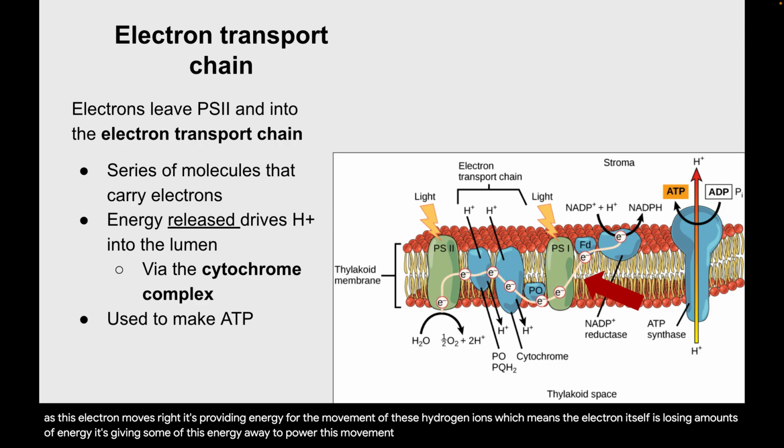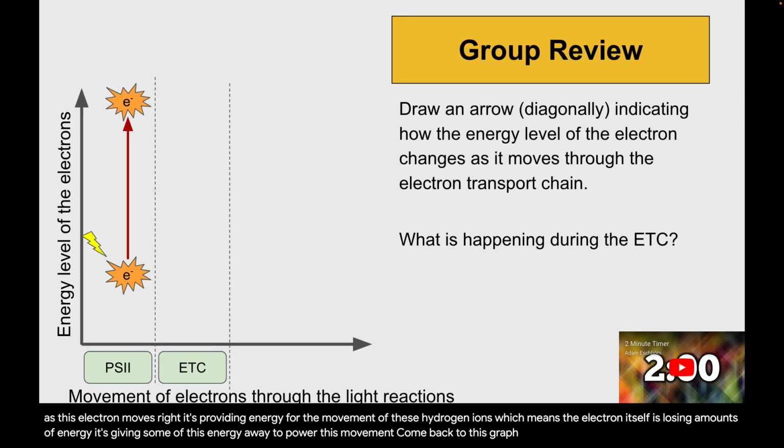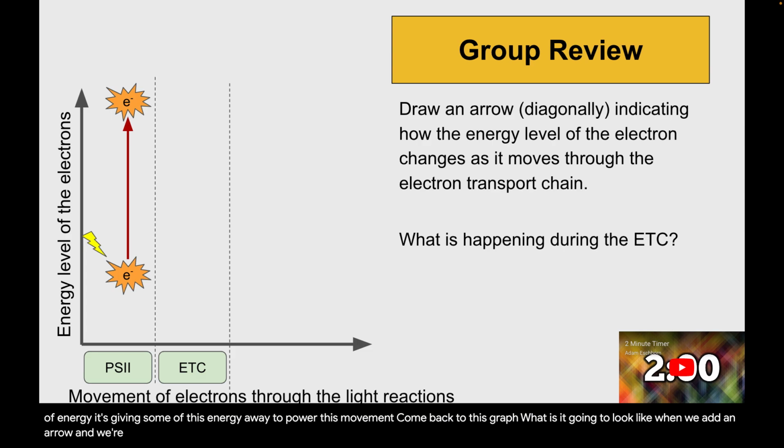So if we were to come back to this graph, what is it going to look like when we add an arrow? We're going to do this diagonally. Is this electron going to gain or lose energy? And then what is happening during the electron transport chain? We didn't talk too much about it because it acts very similar to how it does in cellular respiration.